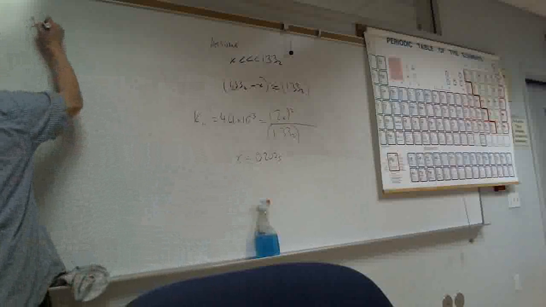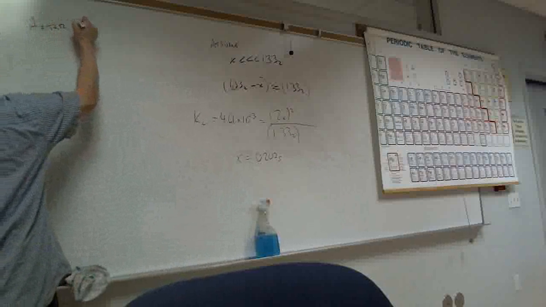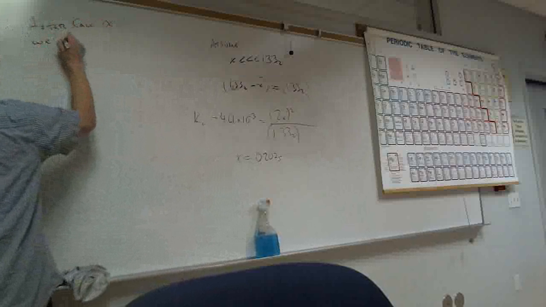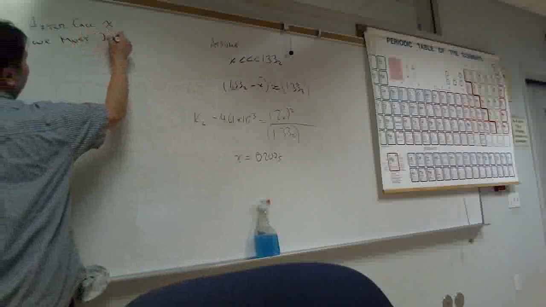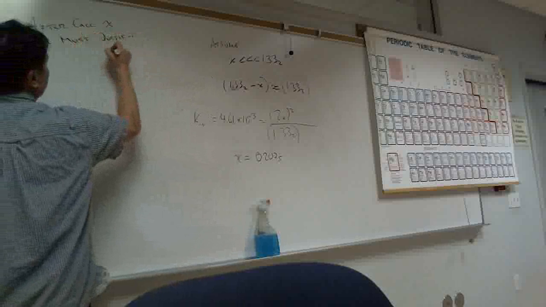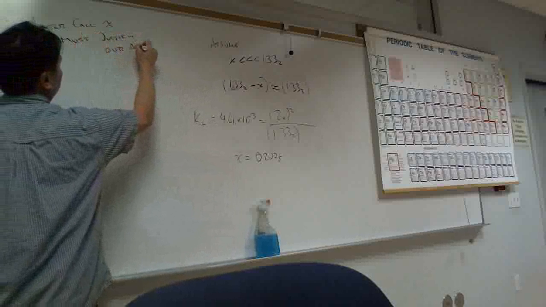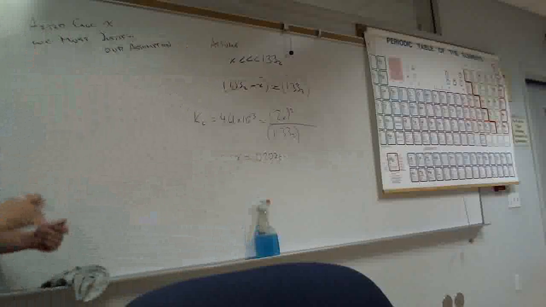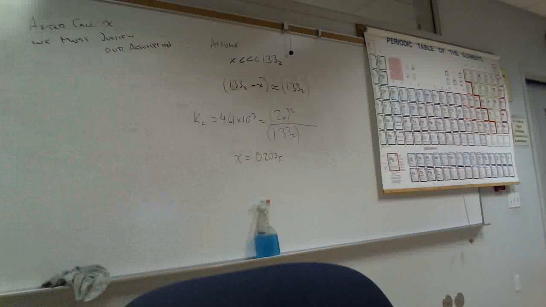Okay, after calculating x, we must justify our assumption. The justification is kind of weird because the justification is going to use this value of x, which is wrong because we made this assumption, and then justify its use.